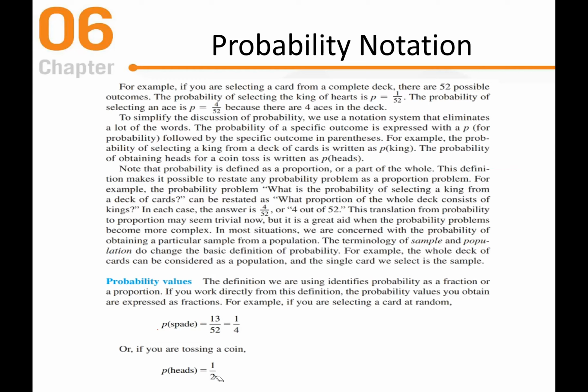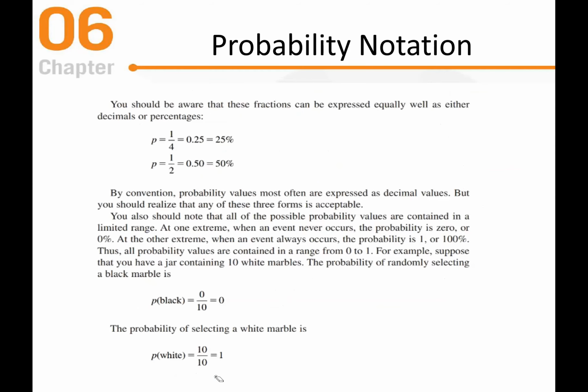Okay, so let's continue. Like I was kind of alluding to before, let's say the probability of something is 1/4. Well, expressed as a decimal, it would be 1 divided by 4, which would give us 0.25. And expressed as a percentage, we would just move the decimal point 2 places to the right, which is saying that we're multiplying it by 100, and that would give us 25%.